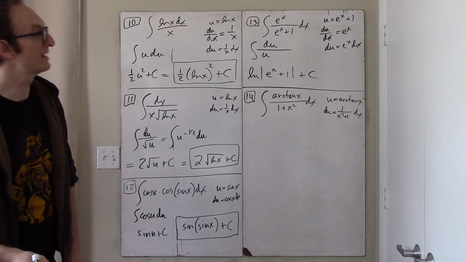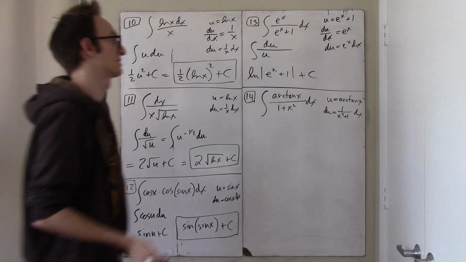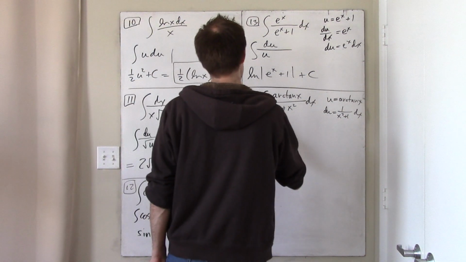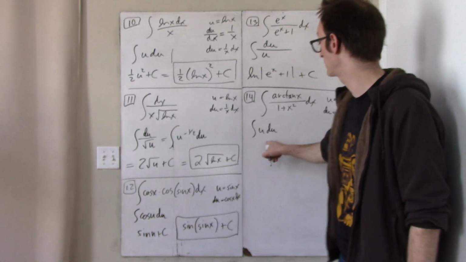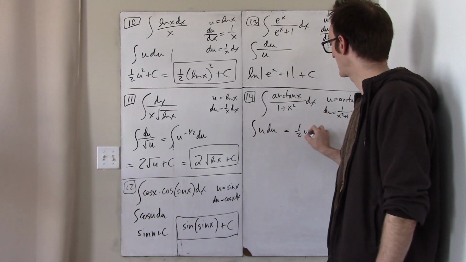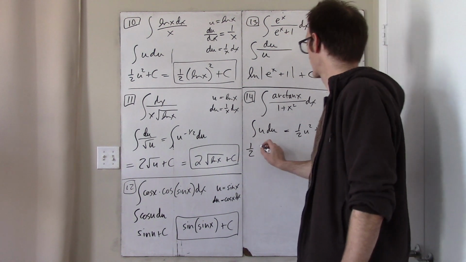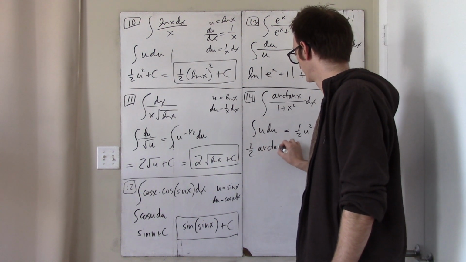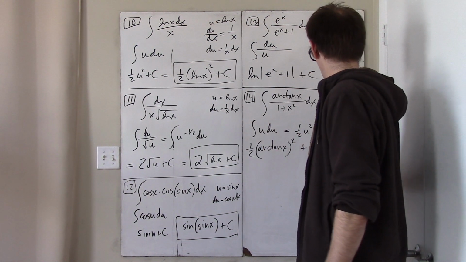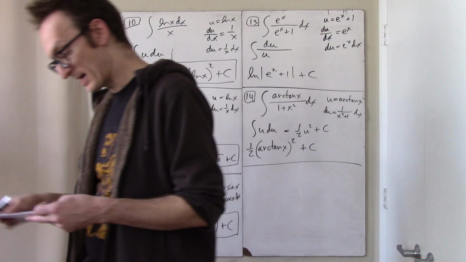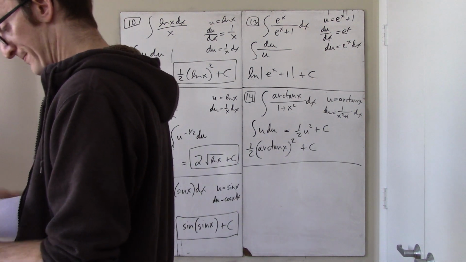And therefore this whole thing is just u du. So u du, and we know that the antiderivative of u du is 1/2 u squared plus c, so this becomes 1/2 arctan squared x plus c. Whew. Okay. Good. Let's see.